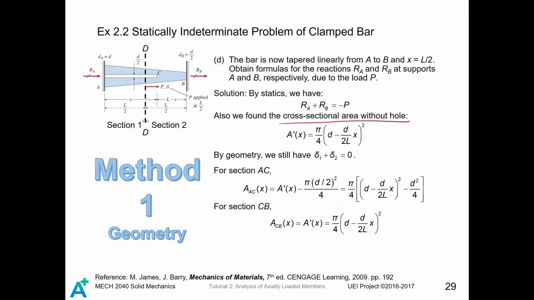Then you can write the cross-sectional area of segment AC in terms of x in this form. For section CB, it is rather similar, but there is no hole. Therefore, you don't need to subtract this term from A'(x). Therefore, the cross-sectional area for segment CB is like this.